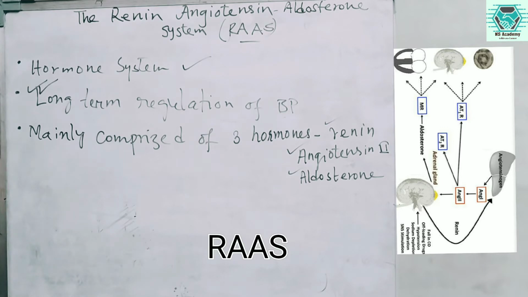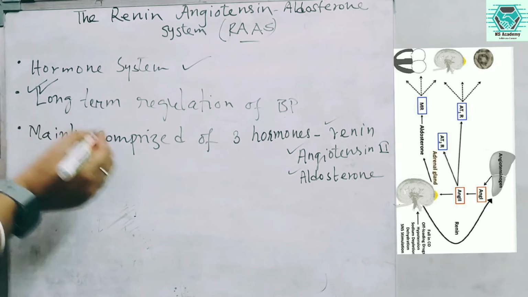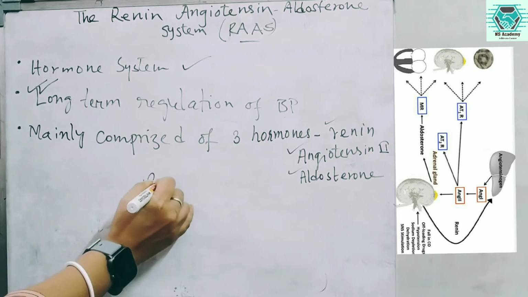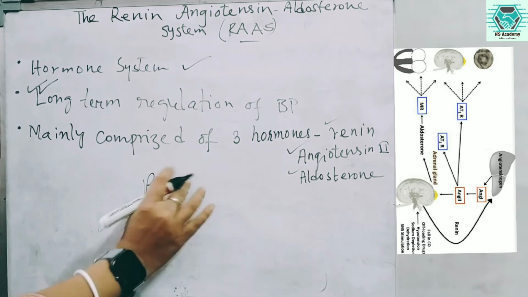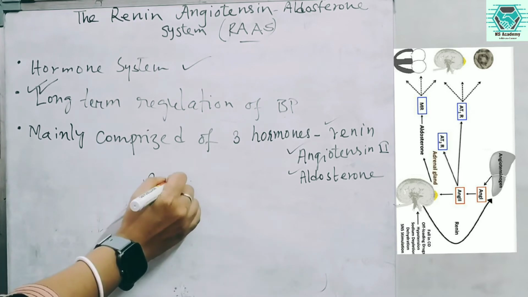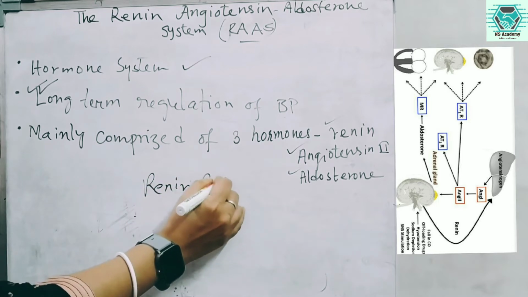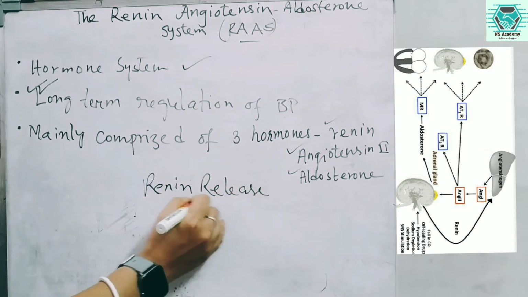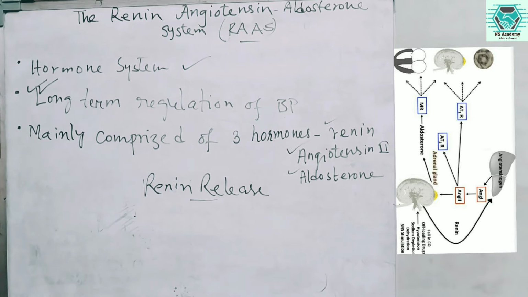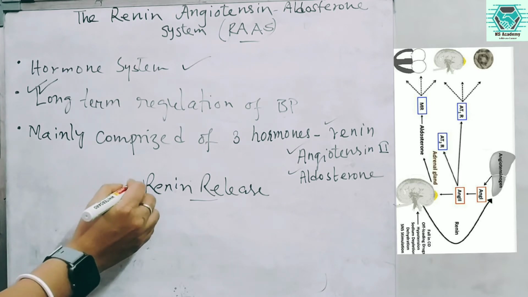So the RAAS, the renin release. First we move to the release of renin. So what is renin? Where is it actually released from? The first stage of the RAAS is the release of the enzyme renin.